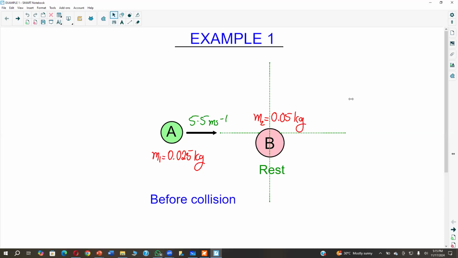Look at this. So draw this diagram. Done, sir.